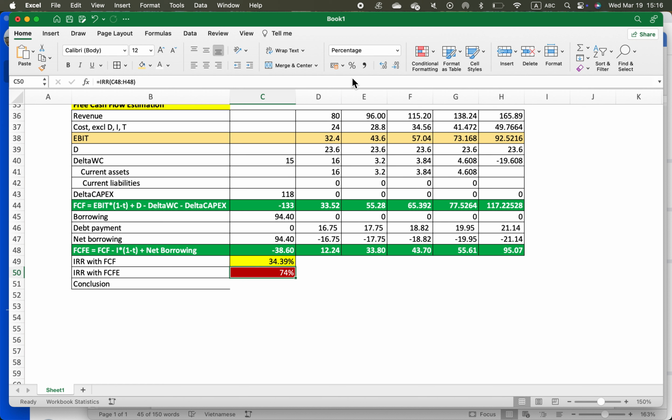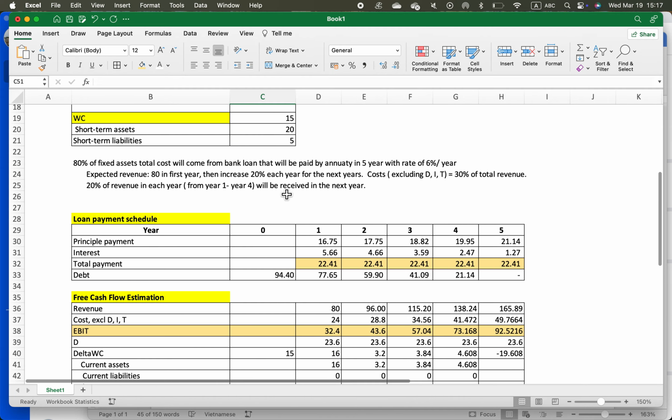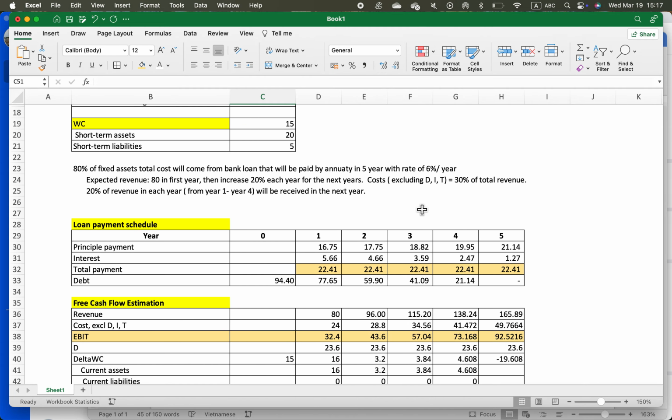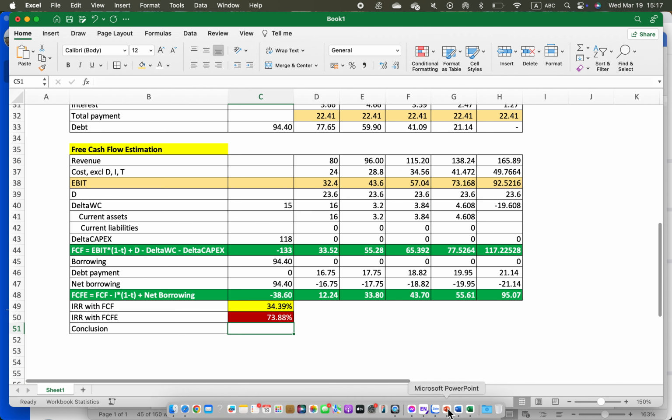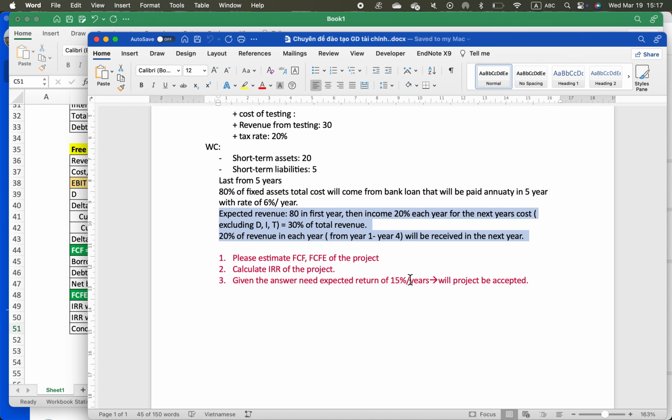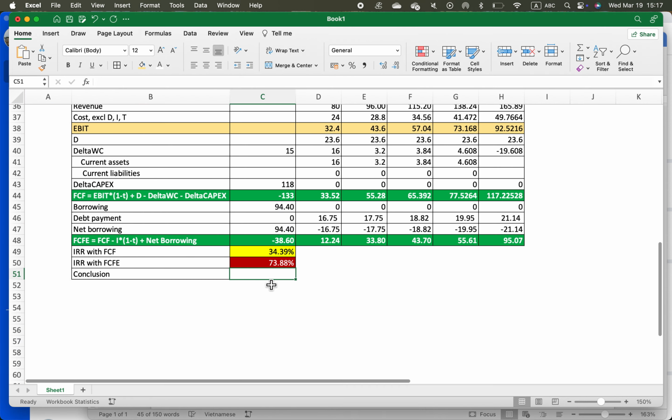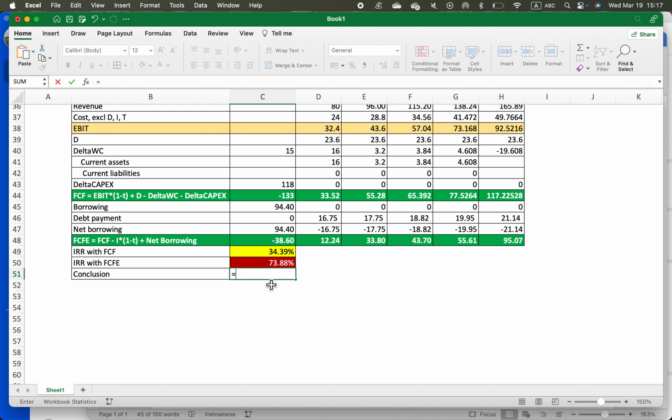So we can see that the IRR for the FCFE is 73.88% per year, which is much better than 50% per year. So the conclusion in here is that I will use the IF function.